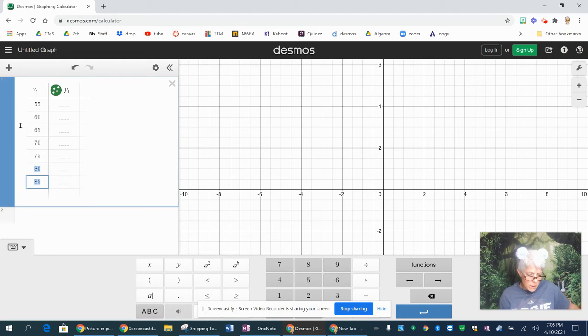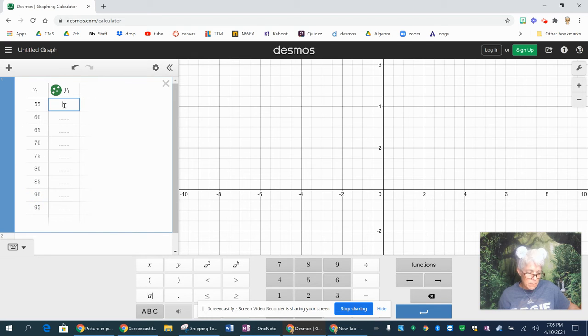It's smart enough to know I'm going by 5, so I'm going to go all the way down. Then the next column is going to take a bit more time. 0.1, enter. 0.15, enter. 0.2, enter. 0.3, enter. 0.4, enter. 0.6, enter. 0.8, enter. 1.15, enter. 1.5, enter.